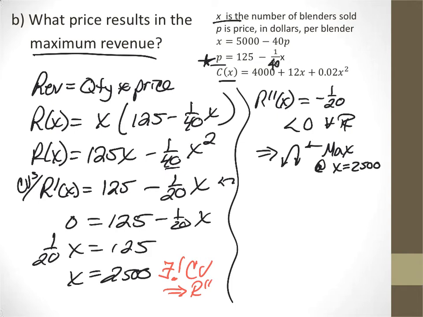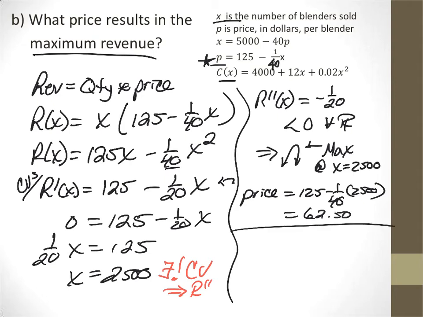They're also asking what price results in that maximum revenue, so we're going to have to go find the price. So price is equal to 125 minus 1/40 times 2,500, and that gives us 62.50. So we can write our final solution then.